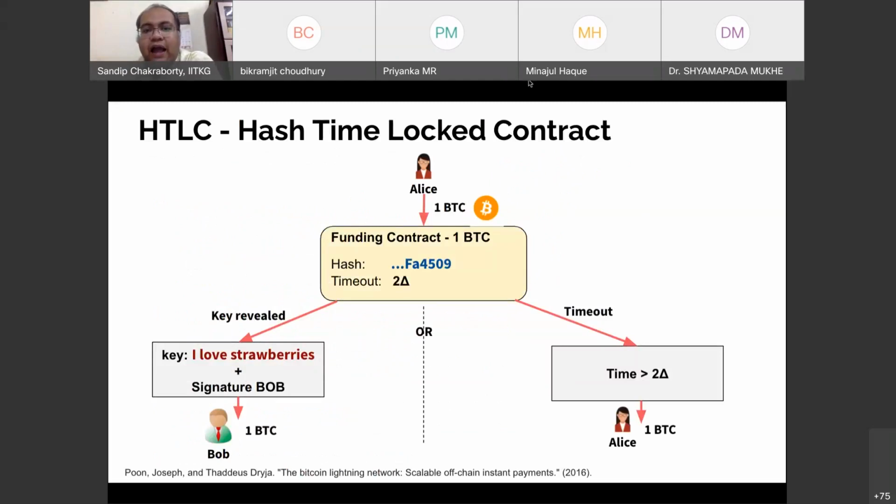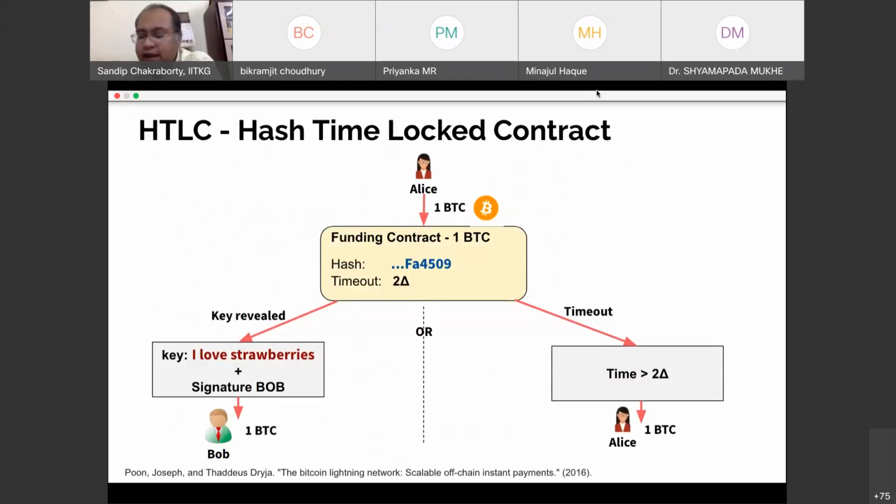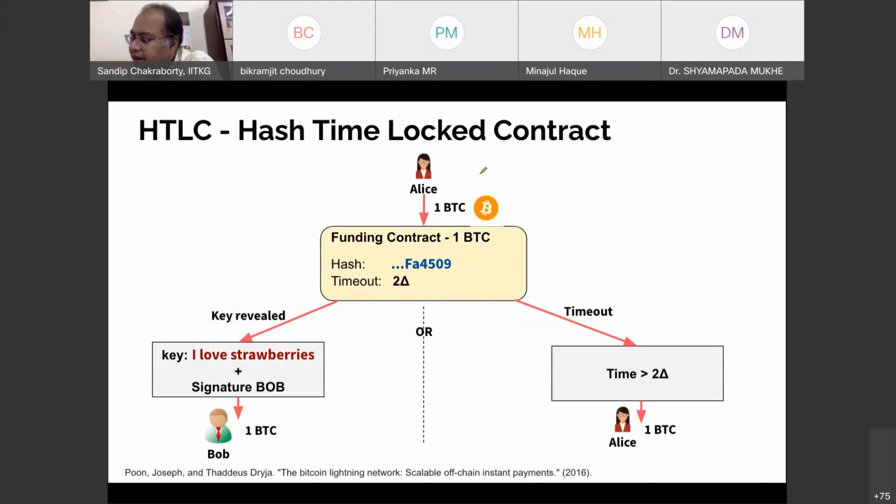Well, and once you have the key, say K is the key, and this is the corresponding hash that has been put in the contract, and along with that, I put a timing constraint that is 2 delta. Well, now once Alice makes this key public, that means "I love strawberries" has become public, and at that time this contract gets executed and the money gets transferred to Bob.